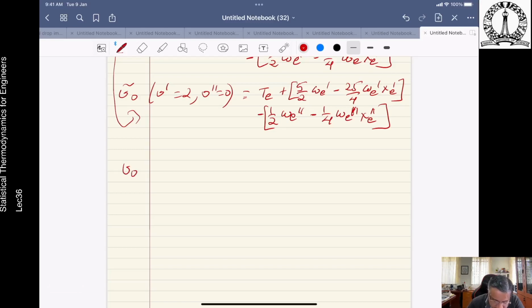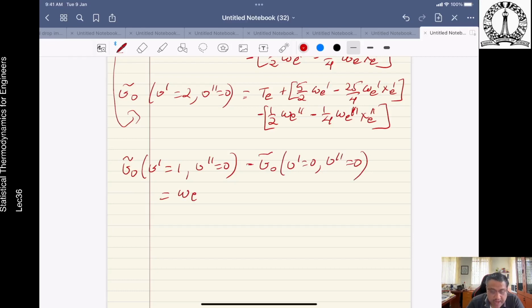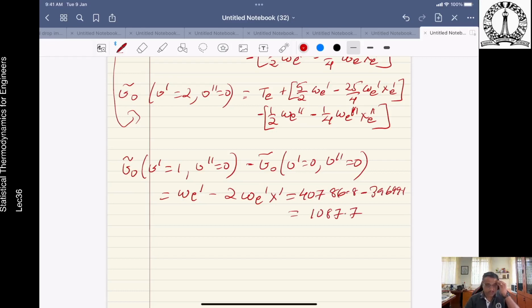Subtracting, 0 is equal to omega e prime minus 2 omega e prime x e prime, which is equal to 40786.8 minus 39699.1, which gives you 1087.7.